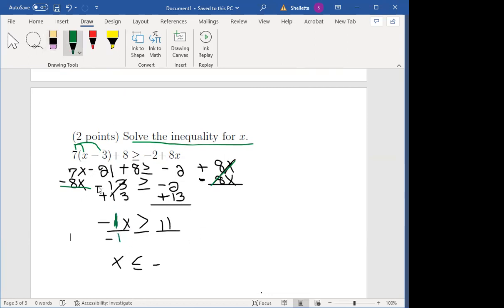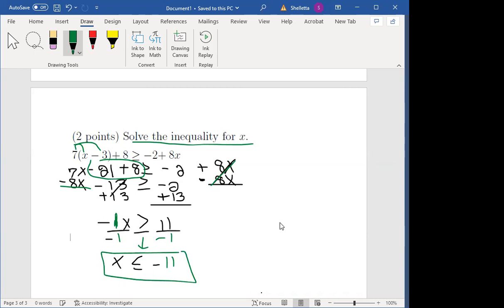All right, and when we combine our terms over on the left side, negative 21 plus 8, that gives us negative 13. So we add 13 to both sides, we'll get positive 11. But when we divide positive 11 by negative 1, that forces us to reverse this symbol. So we change it from greater than or equal to, to less than or equal to, and it should be equal to negative 11.